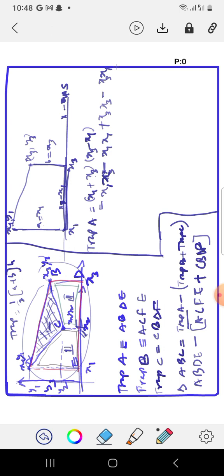Trap A equals x1 x3 minus x1 x1 plus x3 x3 minus x3 x1. So we are done with trapezium A.